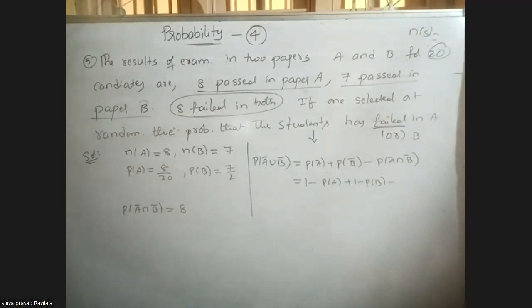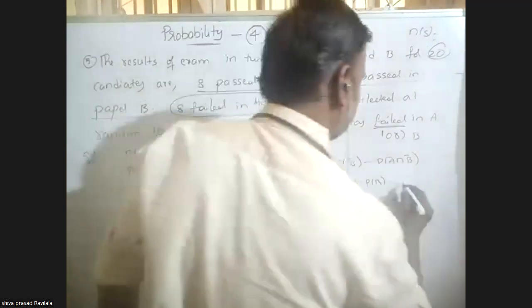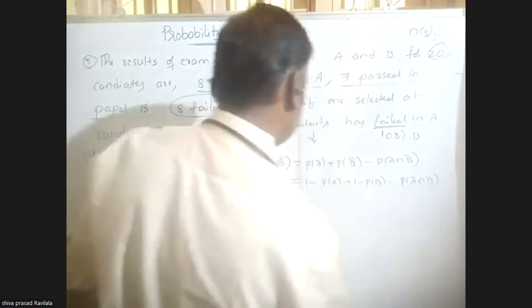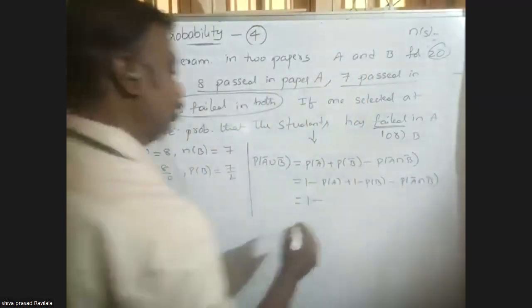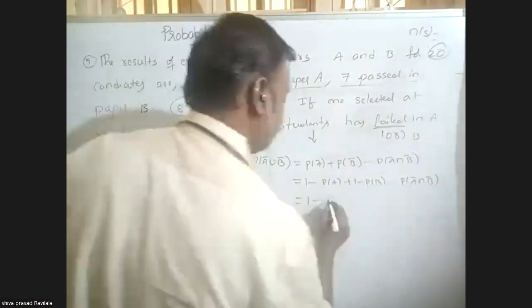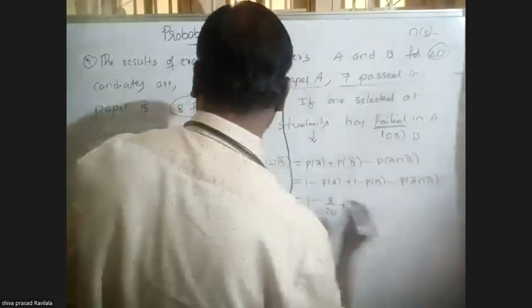Not 8, sorry. This one, probability of A complement intersection B complement. Substitute all values: 1 minus probability of A. You directly do it. 20 minus 8. Sir, probability of B is 7 by 20, na sir? 7 by 20.